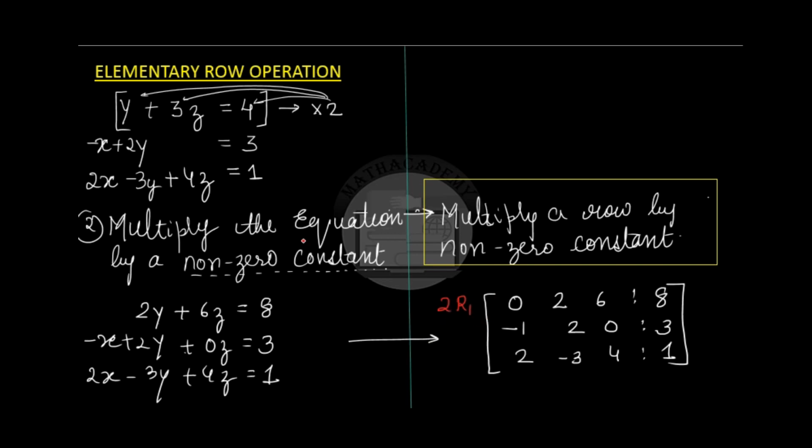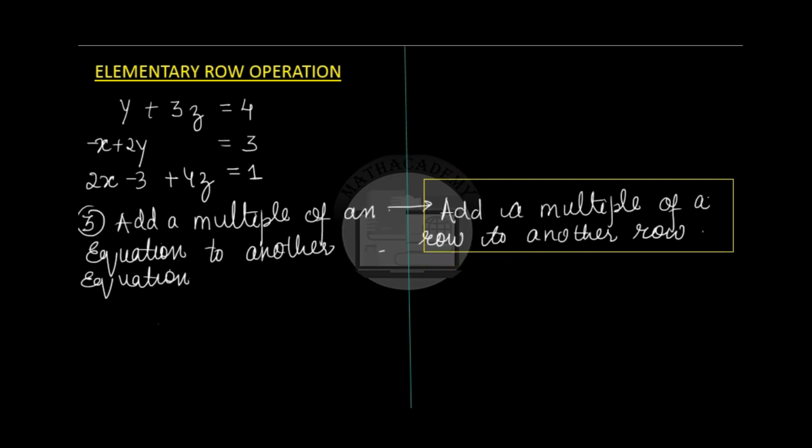Okay, and the third operation is to add a multiple of an equation to another equation. So the equation which results is 2y plus 6z is equal to 8, and now we can add or subtract any two equations, correct?